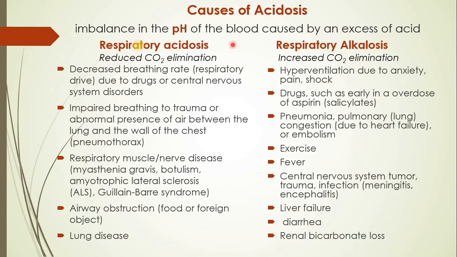Now, depending on that, the acid base imbalance can be distinguished as respiratory acidosis and respiratory alkalosis. In case of respiratory acidosis, there is reduction in carbon dioxide elimination, or in other words you can say the carbon dioxide is retained in the body itself.